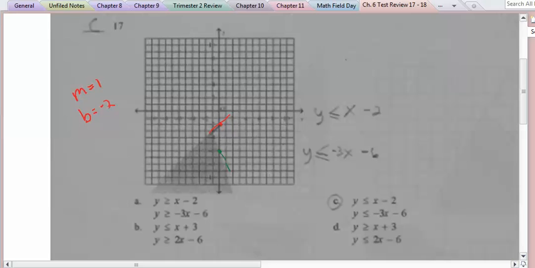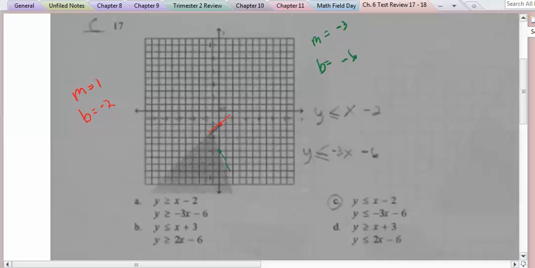So we have -6, that's our B, and then your slope went up 1, 2, 3 over 1, so our slope is -3.